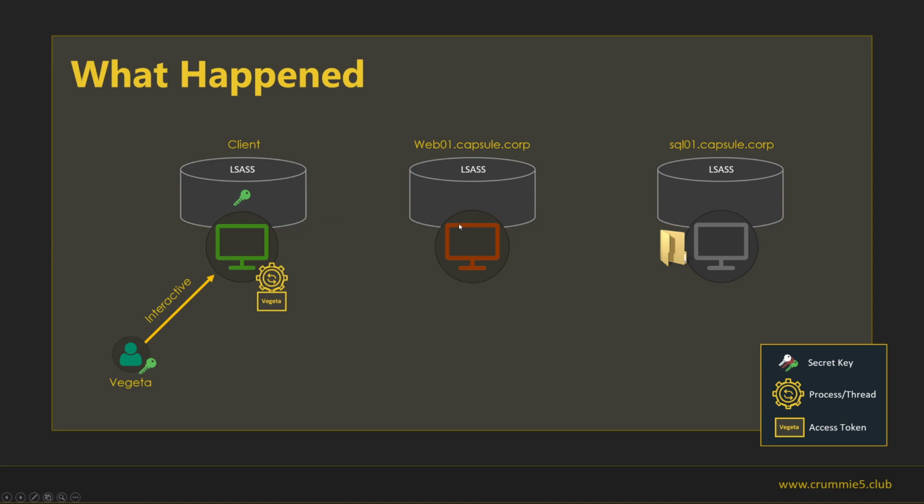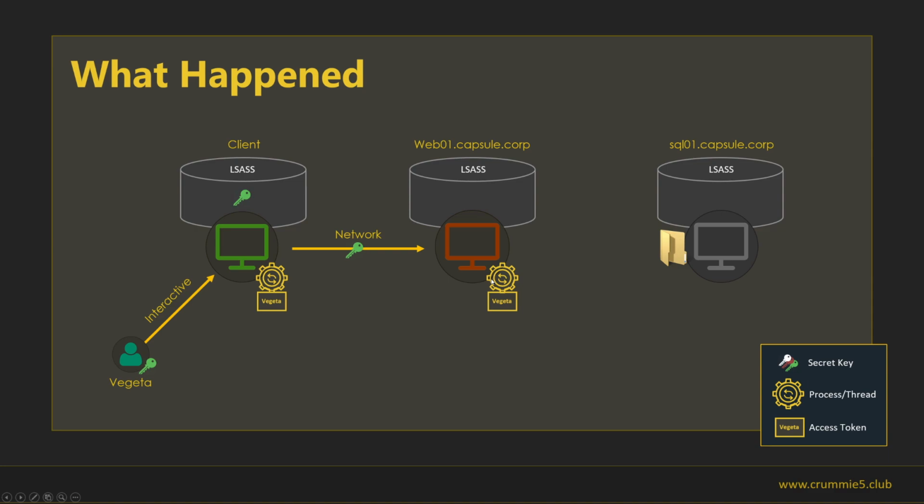When he tried to access Web01, the web page share browser, he needs to use his credentials to perform a network authentication. This results in a new logon session, or more than one, and a new access token, or more than one, of Vegeta in the target server.